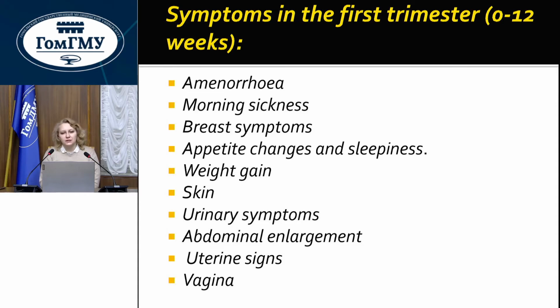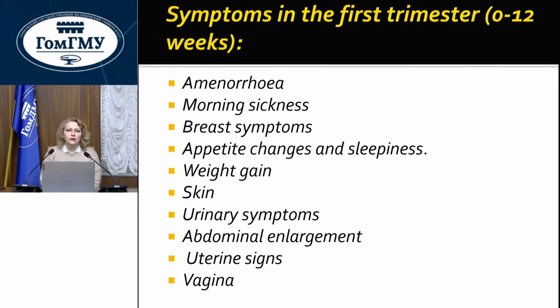Amenorrhea, morning sickness, breast symptoms like tenderness, appetite changes and sleepiness, gain of the weight, changes on the skin. It can be formation of linea nigra instead of linea alba and darkness of the nipples. Urinary symptoms.